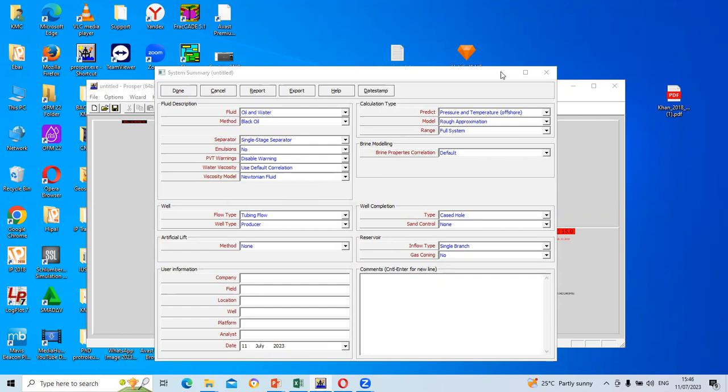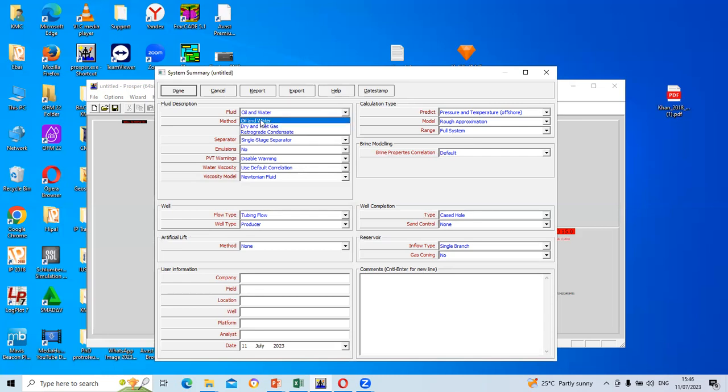The first thing we are seeing here is fluid. So you have to indicate the fluid type that you want to model. What type of fluid do we have in our reservoir? So we are going to either be having water and oil, dry and wet gas, or we have retrograde condensate.